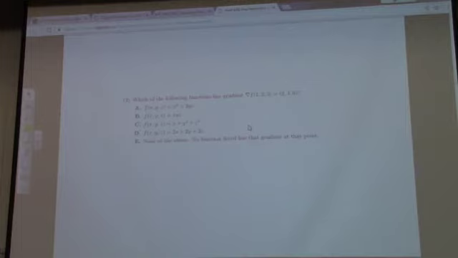But by my computations, none of them have this gradient. Does anyone disagree? Strongly? I'm pretty sure it's none.